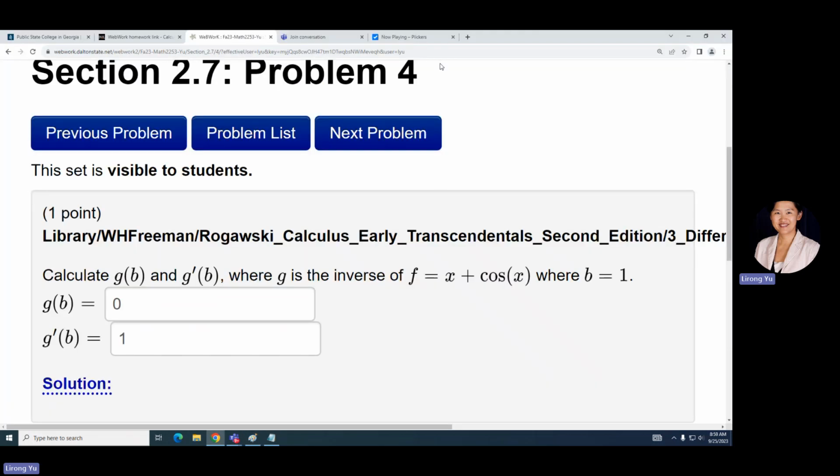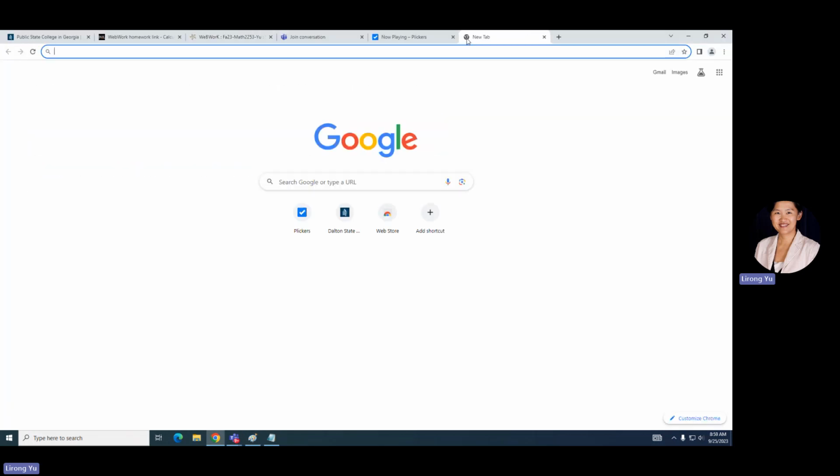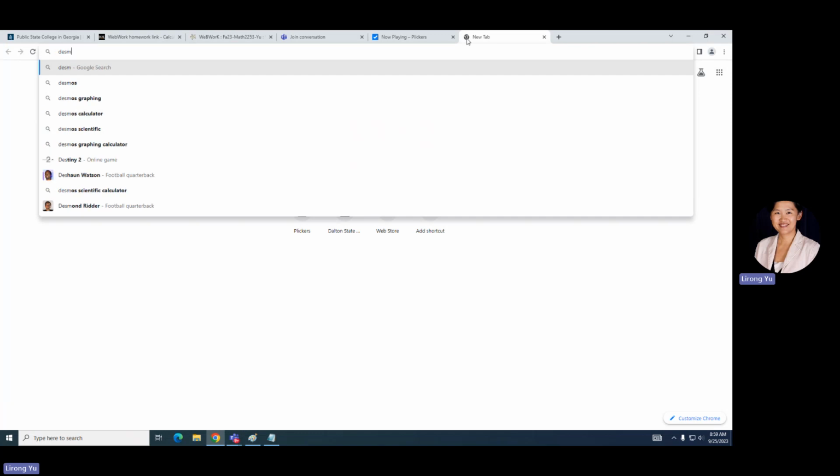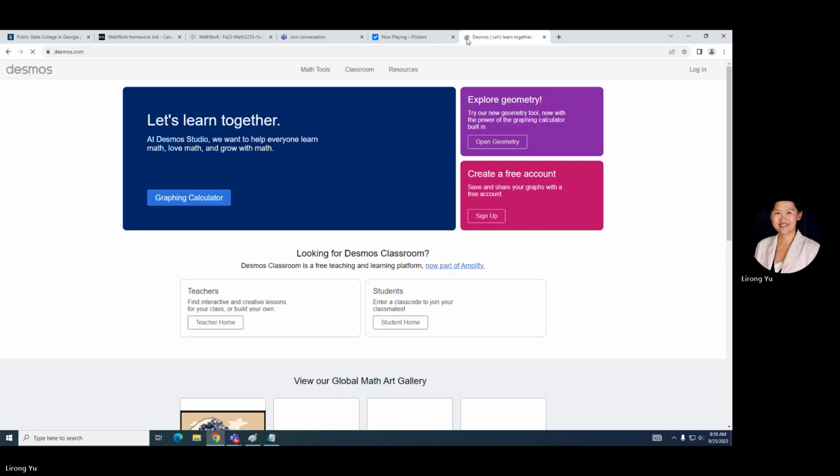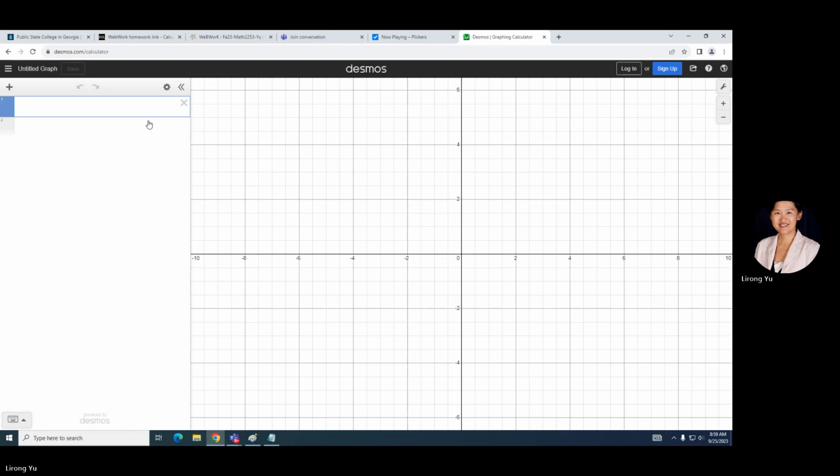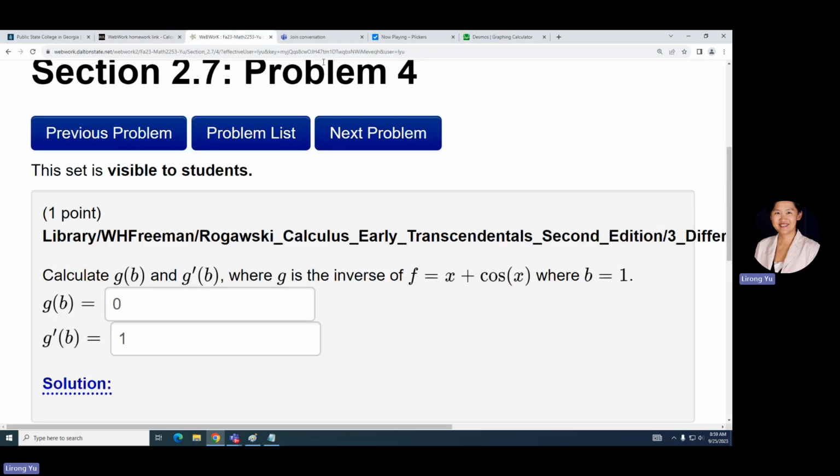Okay, so we have y equals x plus cosine of x, and we are trying to find the point where b equals 1 as a y value.